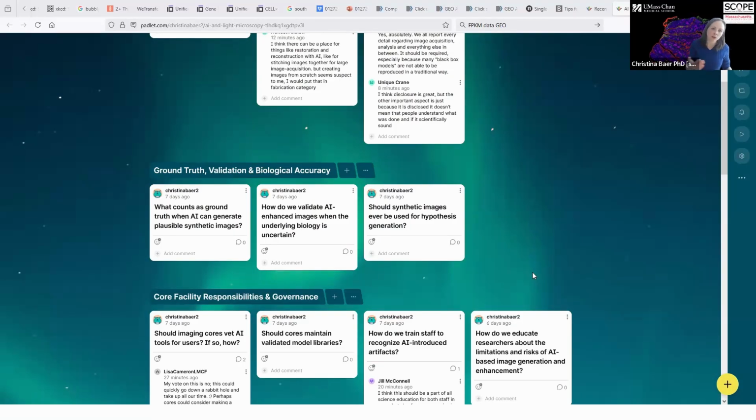People are doing this now where they've fed models a whole bunch of IF data, so stained tissue sections, and then they feed it an unstained slide and say, tell me where the staining is going to be. And at least the papers make that look relatively accurate. So the question there becomes, how do we compare that to data generated off samples that have physically been stained in the lab?